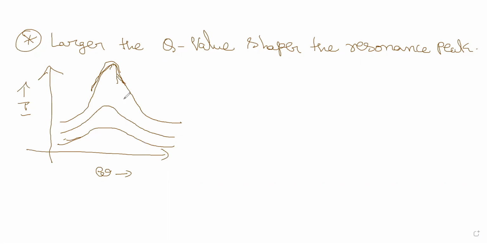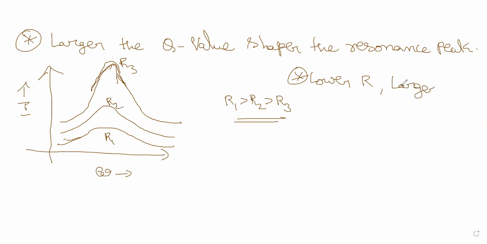So if I consider these resistances R1, R2, R3, definitely we will understand that R1 is greater than R2 greater than R3. Lower the resistance, larger the Q value. This is the funda which you have to understand.